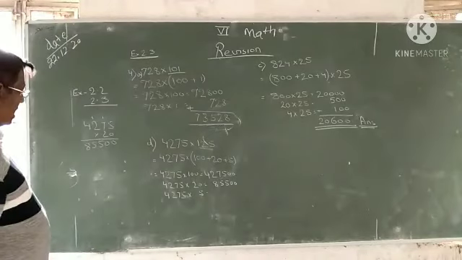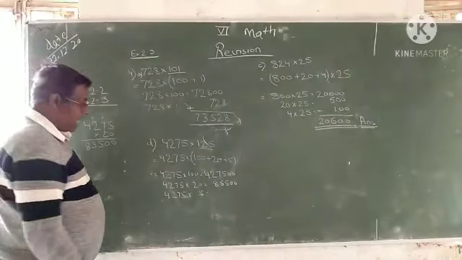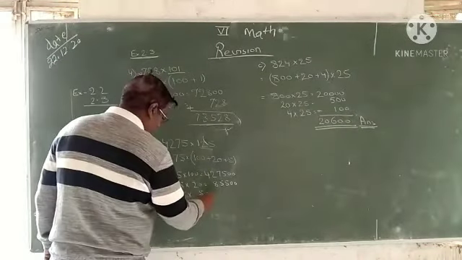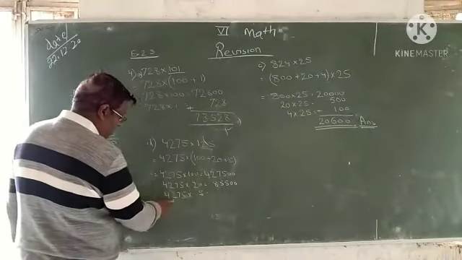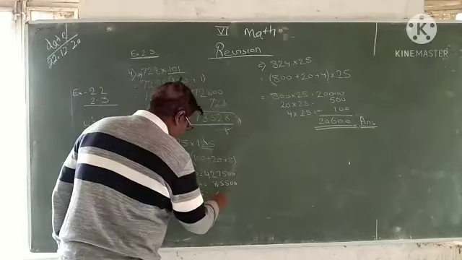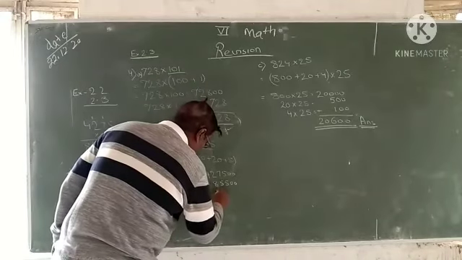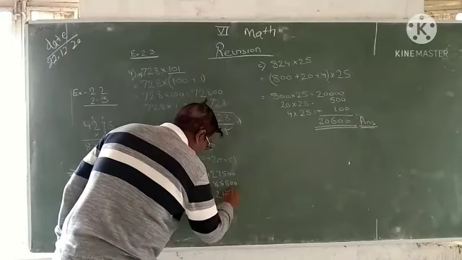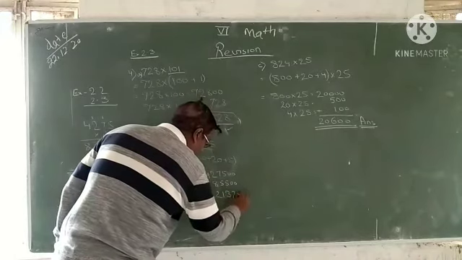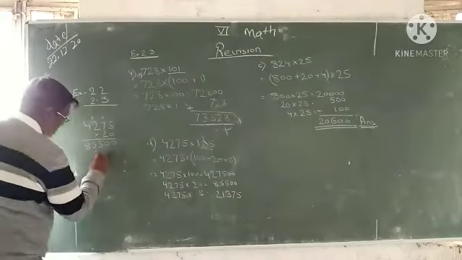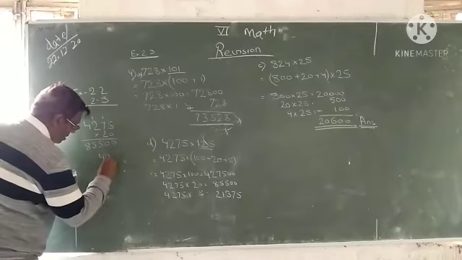So it comes as 85,500, and this one will come as 21,375.